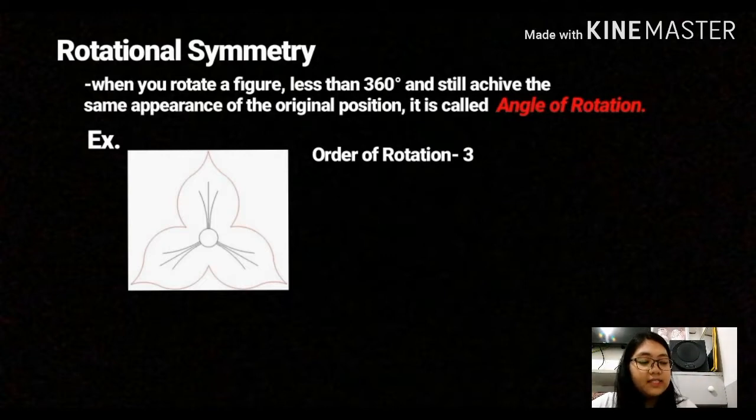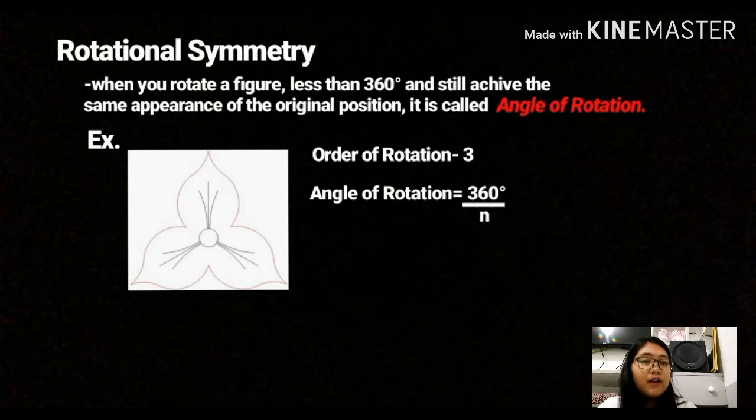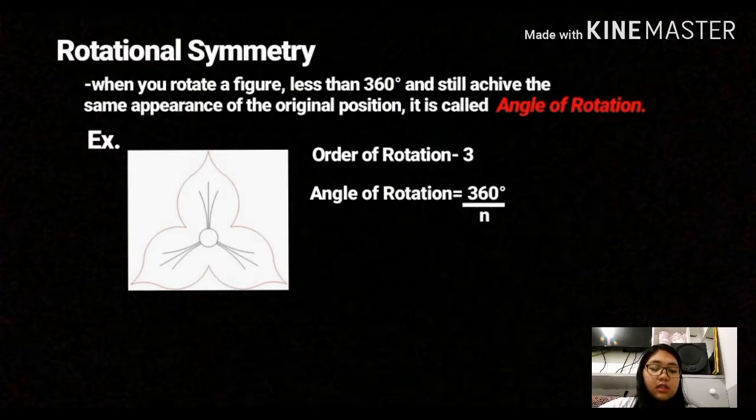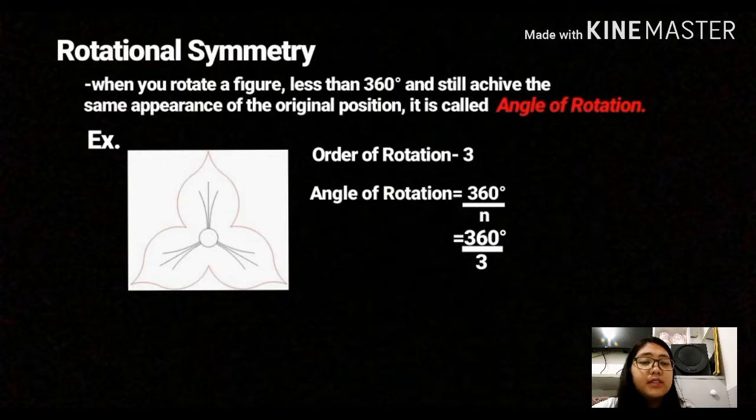To solve for its angle of rotation, you just have to divide 360 degrees by the order of rotation. So 360 degrees divided by 3 is equal to 120 degrees. This means that the angle of rotation of this flower is 120 degrees.